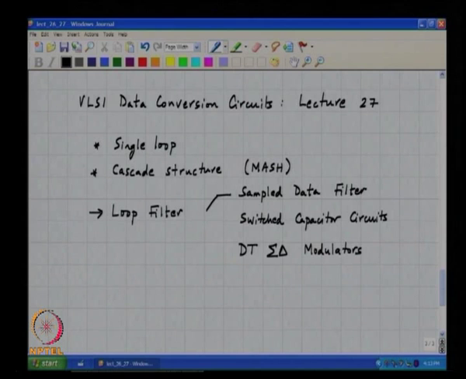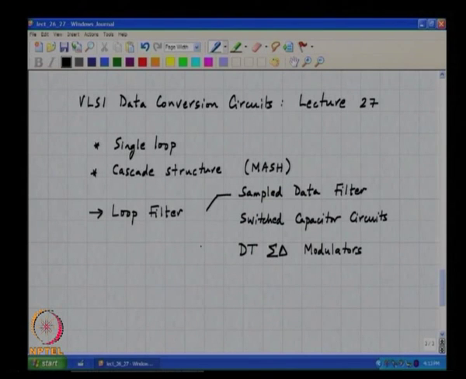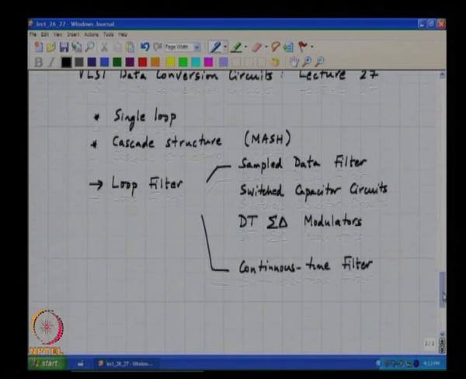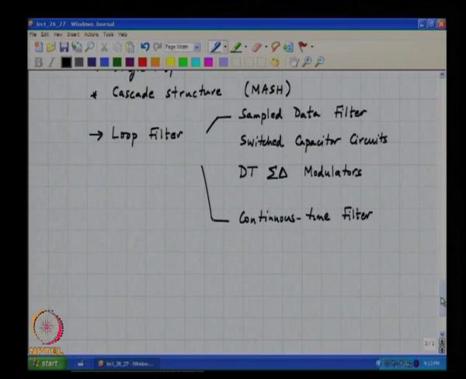Another way of realizing the loop filter is to do this in continuous time, right. So, in other words, the loop filter can be realized as a continuous time structure, right, and the output of interest is not the entire waveform of the loop filter output, but only its samples.